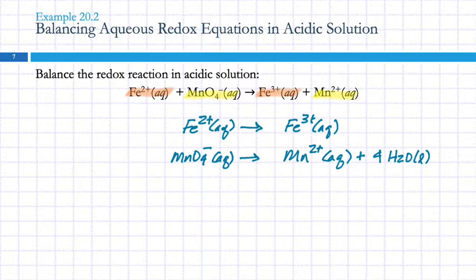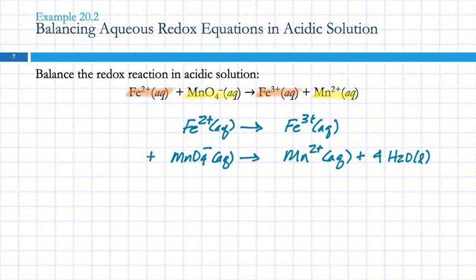Then we balance hydrogen, because by doing this, we fixed our oxygen problem, we introduced a hydrogen problem, right? So I've got 2 times 4, I've got 8 hydrogens in here, and we're going to balance the hydrogens by adding hydrogen ions. This is an acidic solution. There are hydrogen ions in there.